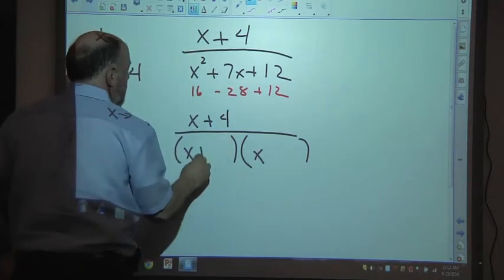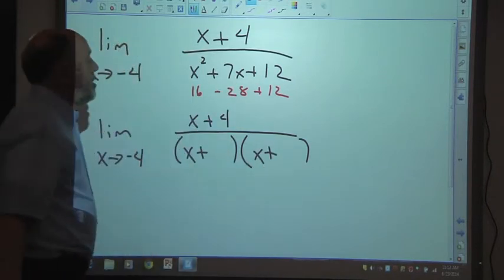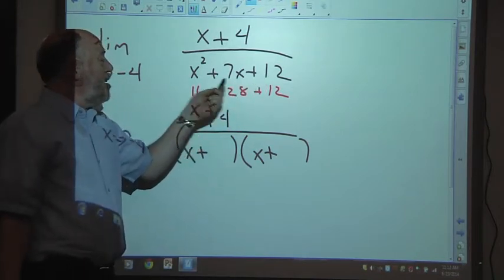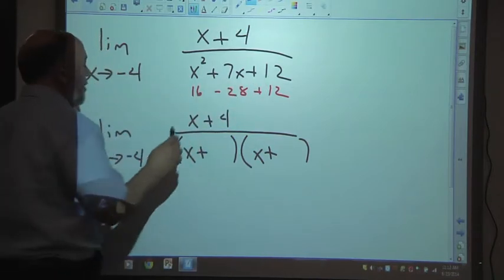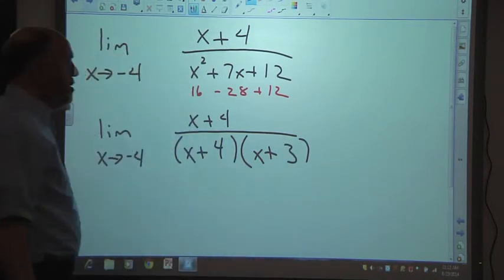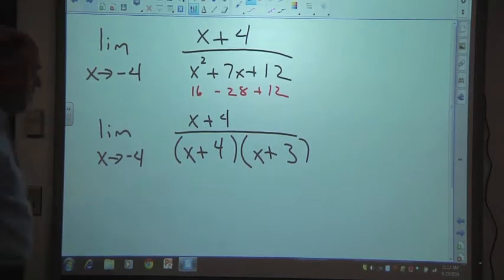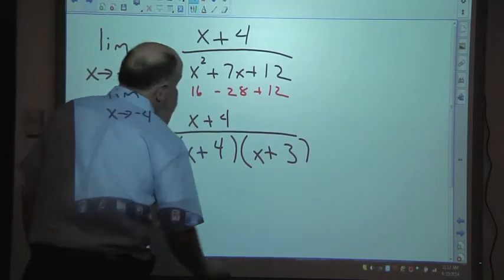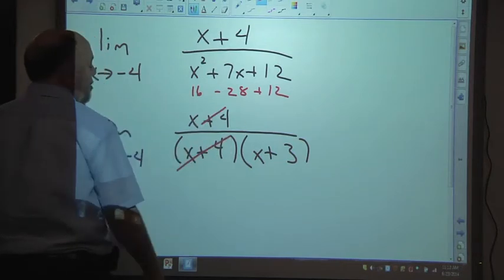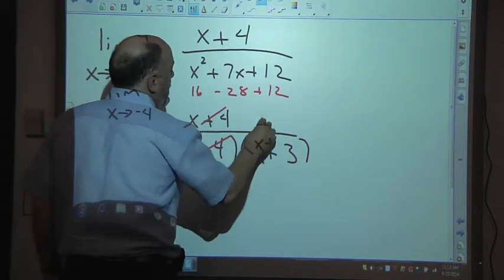Both are positive, and then we need two numbers that multiply together to give you 12 and have a total of 7. That would be 4 and 3. So now we have an x plus 4 on the top and an x plus 4 on the bottom, and so those will go away. This will become a 1.